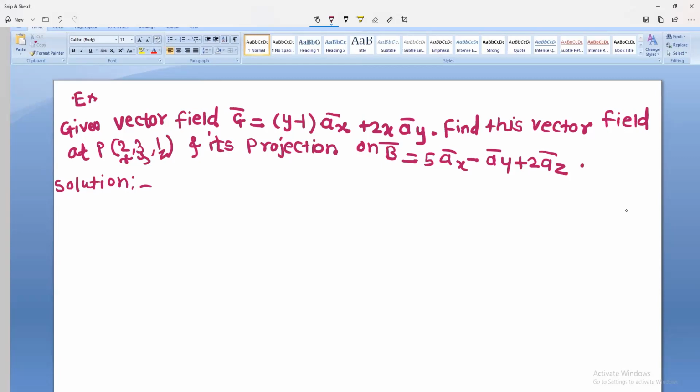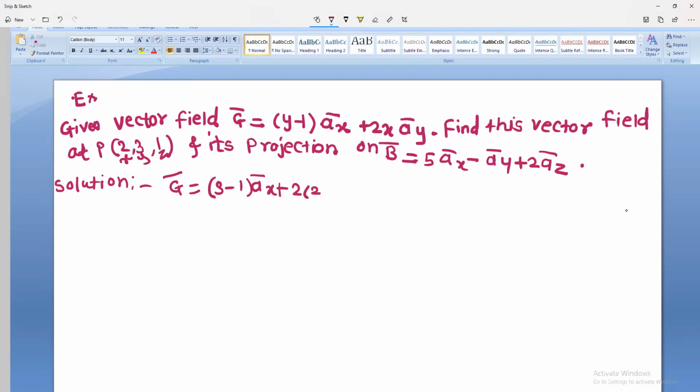Just put values of x, y and z in the equation of G bar, so that you will get G bar is equal to y minus 1. So what is y? Y is 3, minus 1 into a bar x plus 2 into, so what is x?